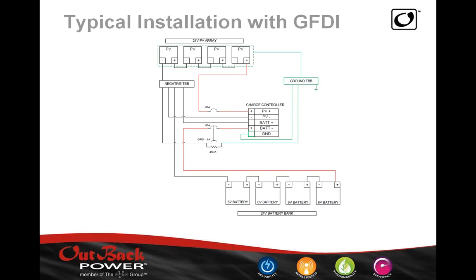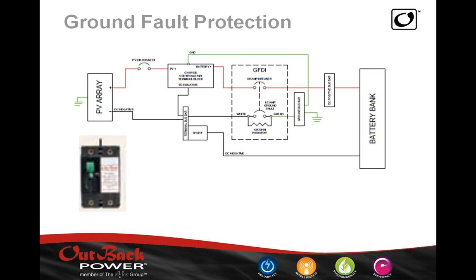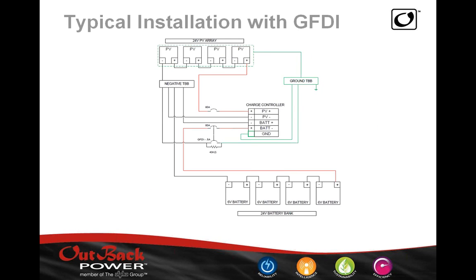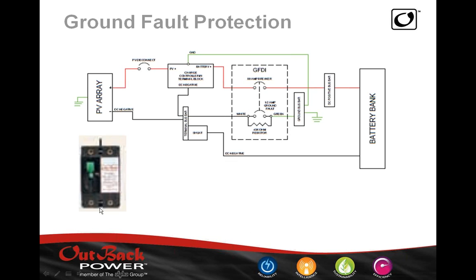They would all be charging the same battery bank, but would have independent PV arrays at their inputs. So here is, for example, if we had 2 charge controllers, we would essentially have a 3-pole GFDI breaker with 2 80 amp poles, 1 for each charge controller, and our 0.5.